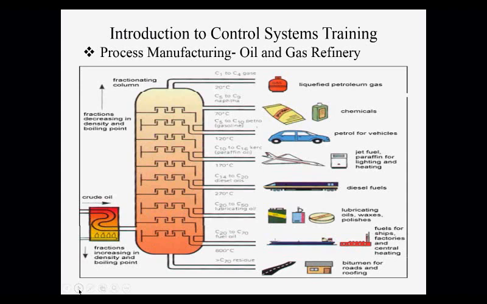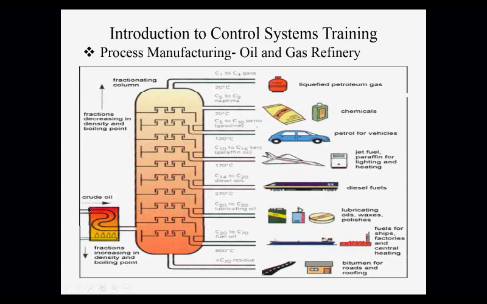It's a distillation column in which your crude oil is input from one side, and it is going to be distilled to obtain different products out of the raw material, that is your crude oil. You guys can see my mouse pointer, yes?